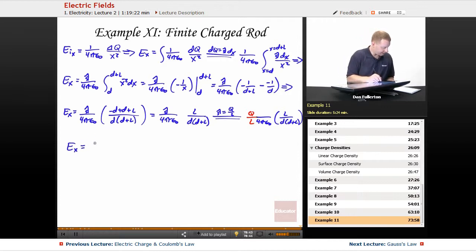Electric field in the x direction is 1 over 4 pi epsilon naught times, we still have a q over d times d plus L.